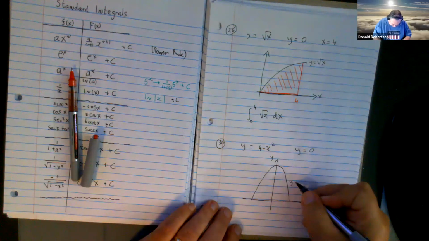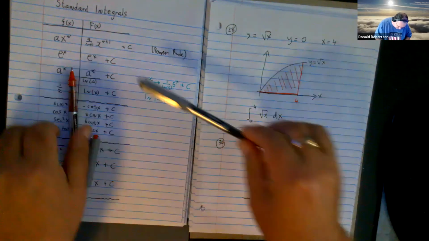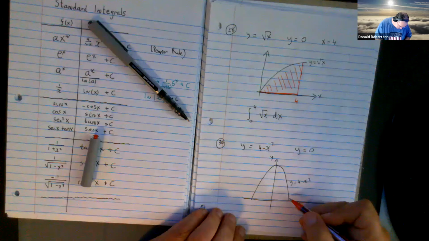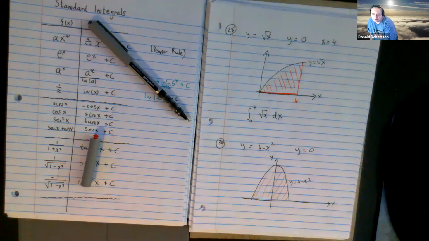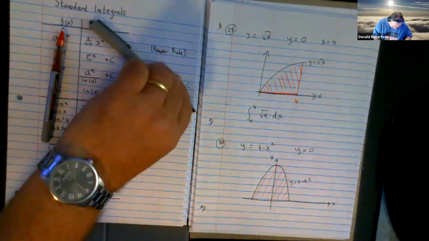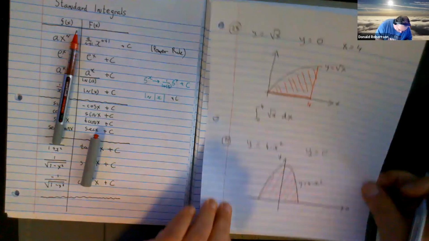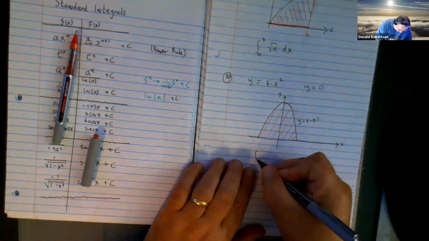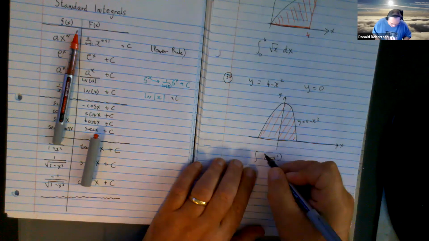And y equals 0 would be the x-axis. So we're being asked to shade that. And there'll be 4 pictures and one of them will look like that. And then you're being asked to calculate what that area would be. So the area under the curve of 4 take away x squared dx.